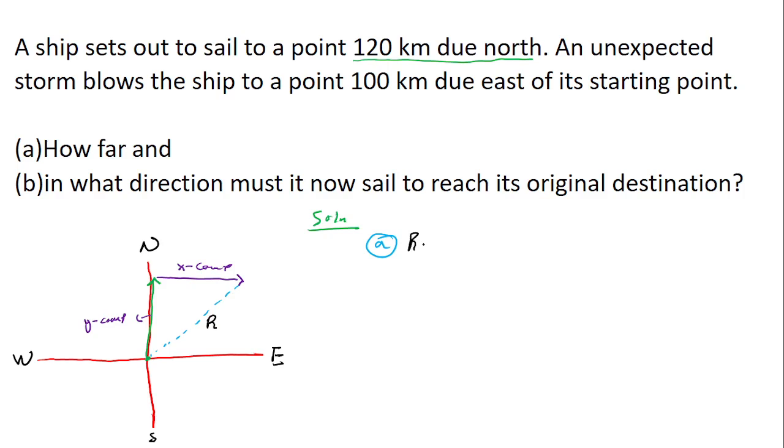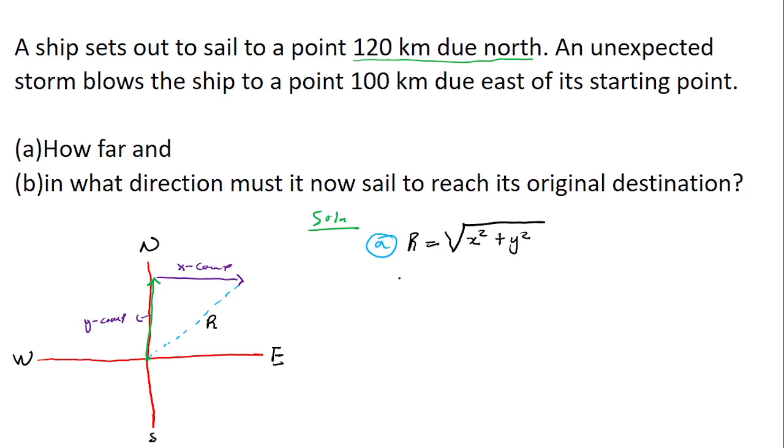Can someone tell me the formula for finding the resultant? Resultant equals square root of x component squared plus y component squared. All right, correct.